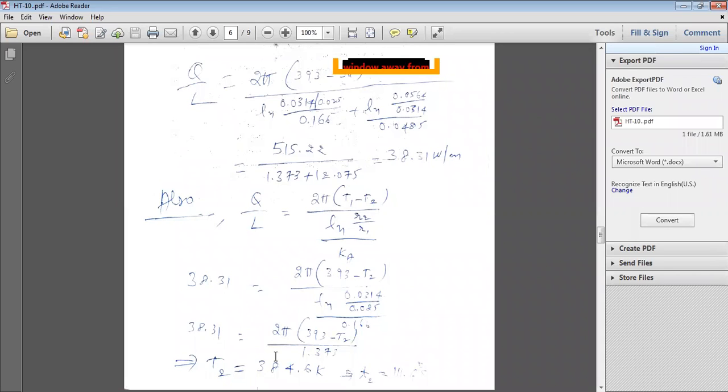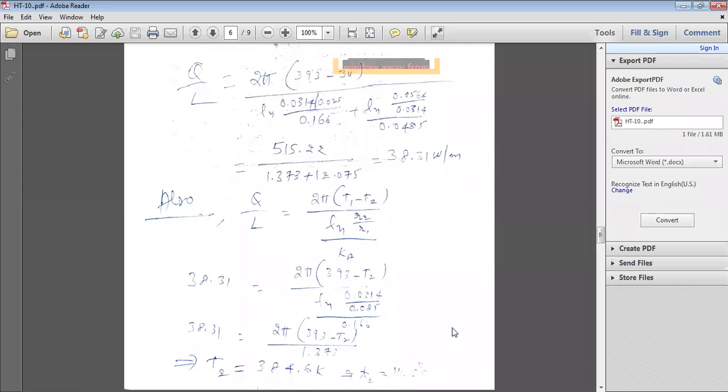If you simplify this, T2 is equal to 384.6 Kelvin, the interface temperature between the asbestos and fiberglass. In centigrade, that is 111.6 degrees centigrade.